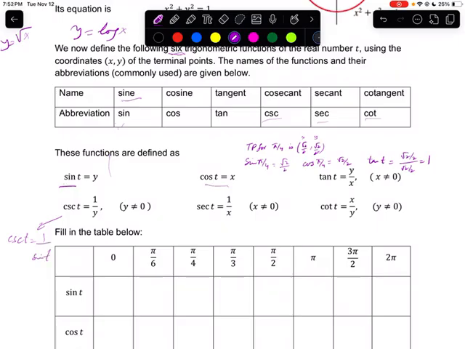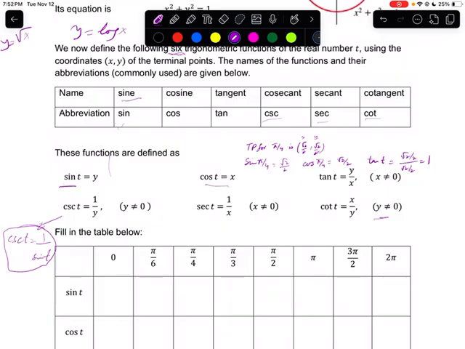This is something we call an identity, and we will look at it later, I think in the next section. So we have now defined all 6 trigonometric functions: cosecant t is 1 over y, secant t is 1 over x, and cotangent of t is x over y when y is not equal to 0.